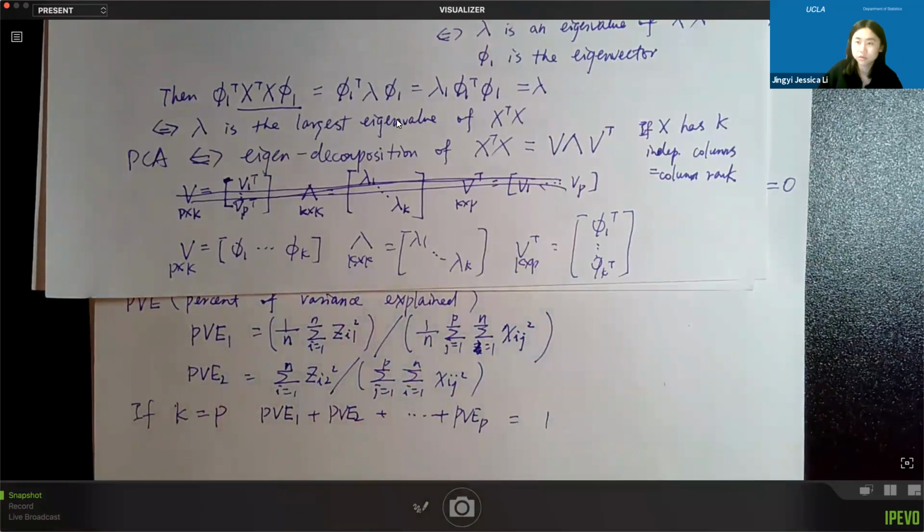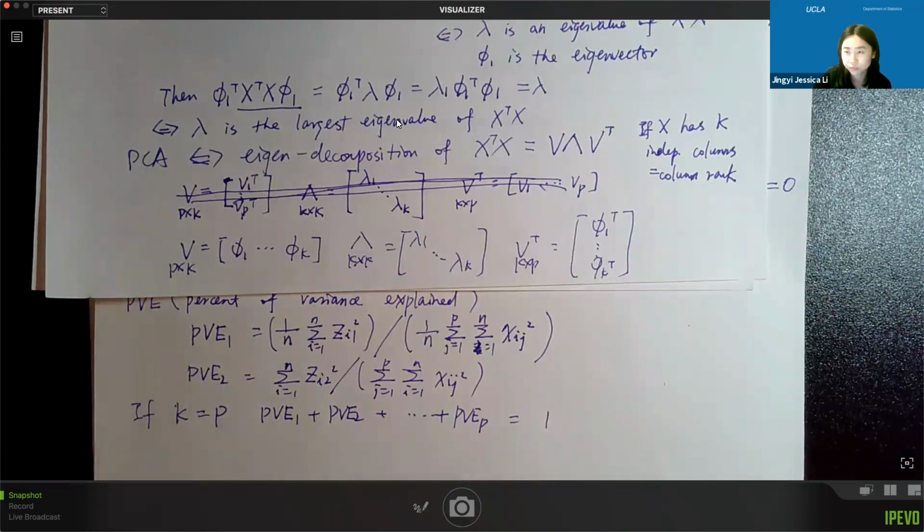You don't lose any variance in your original data. But that's usually not what you want, because otherwise it doesn't make sense, right? You're just transforming p dimensions to another p dimensions. The only thing is that the new dimensions are orthogonal to each other. So it's like you're transforming a non-orthogonal space to an orthogonal basis. That's it. It's just a basis transformation, but you are not doing any reduction. So therefore, usually we don't do this.